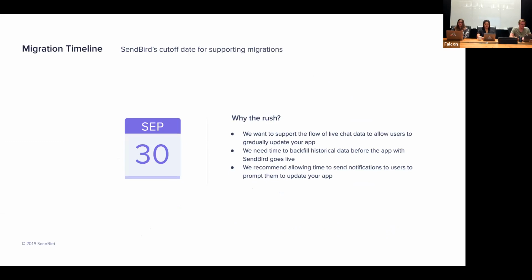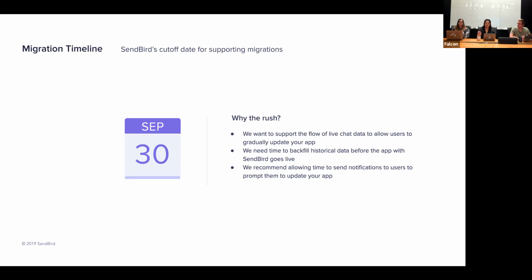So we recommend a cutoff date for migrations of September 30th. And the main rush here is that Layer service shuts off completely as of October 30th. And we really want to allow your users to have time to gradually update your app.